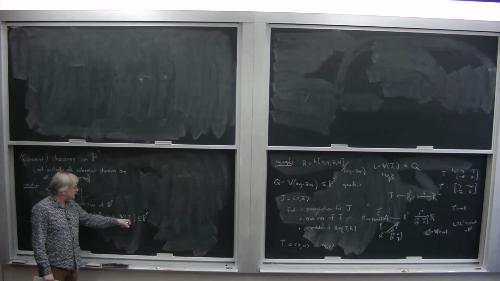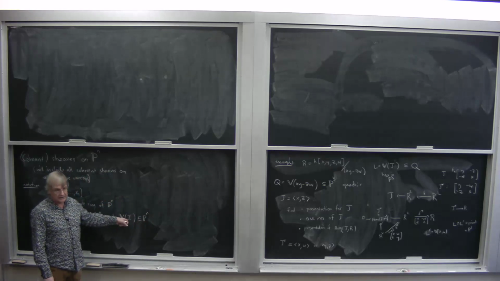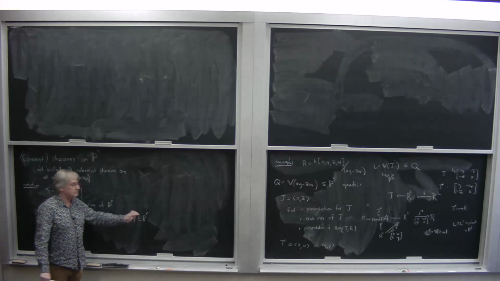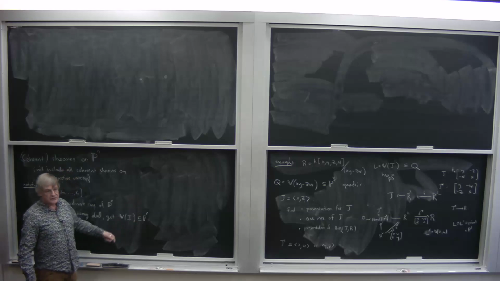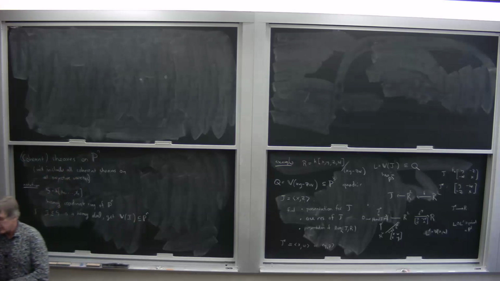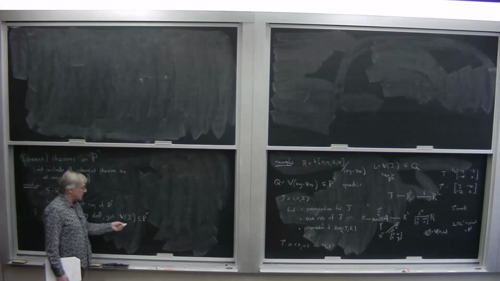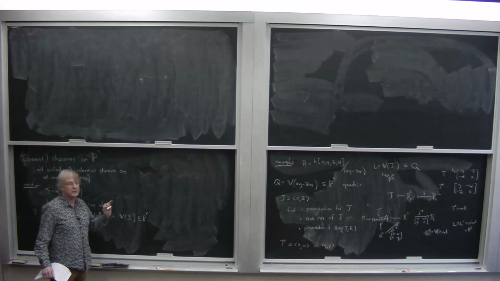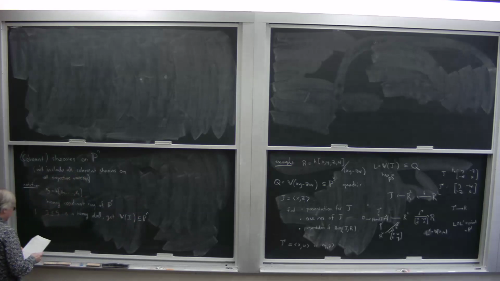Once you do schemes, you could think of this as the scheme corresponding to this ideal, even if it's not a radical ideal. If it's a radical ideal, everything's the same, but otherwise you might want to consider that. For what we're doing here, it doesn't really matter.